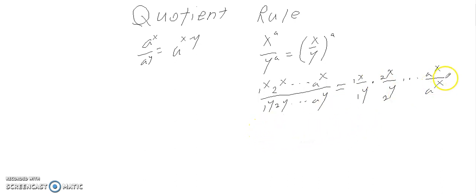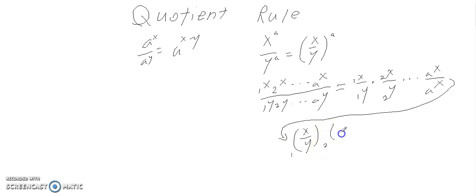I'm going to write it down here, so that's, I'm going to use parentheses, x over y, 2 x over y, dot, dot, dot, finally, a x over y. Put that a little silly. But now this looks exactly like the general case where it's 1 thing, 2 thing, dot, dot, dot, a things. So that can then be rewritten as just this here.